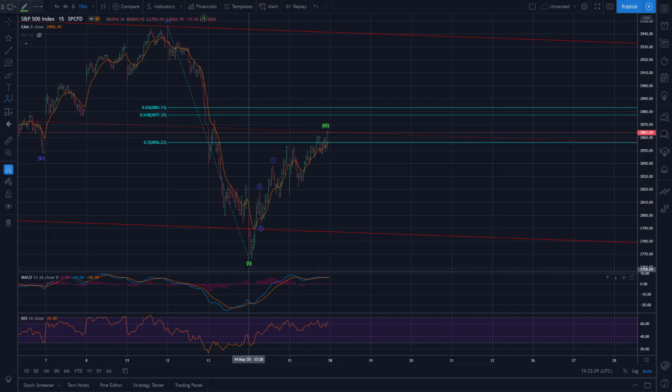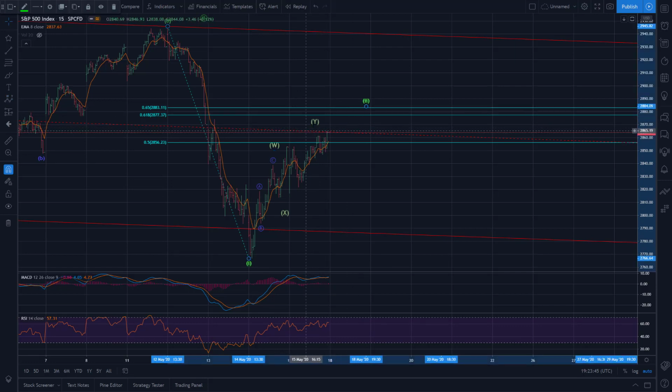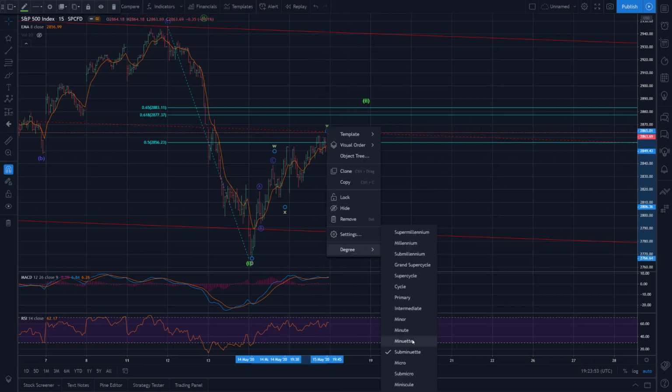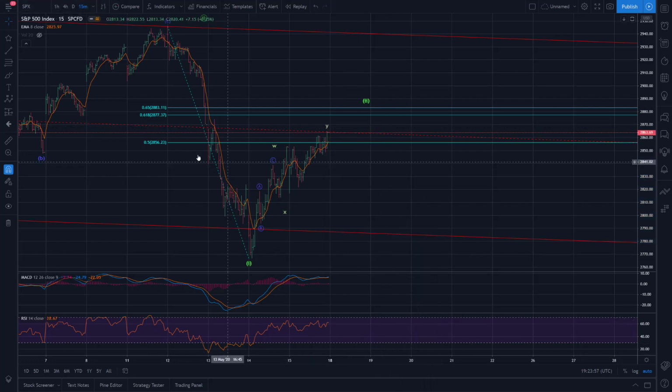And then we probably got a larger WXY forming. So just bear with me here. Let me adjust the degree appropriately. Okay, yeah, that'll work out there, sub-minuet. And let me just complete the labeling.